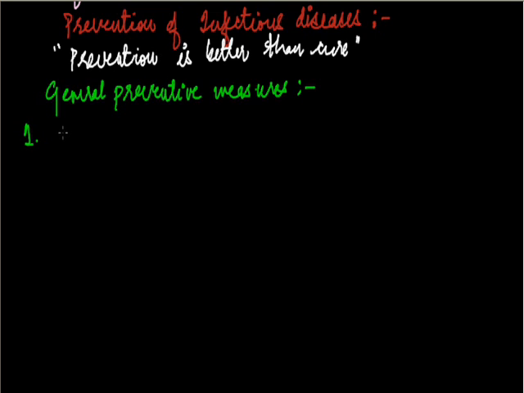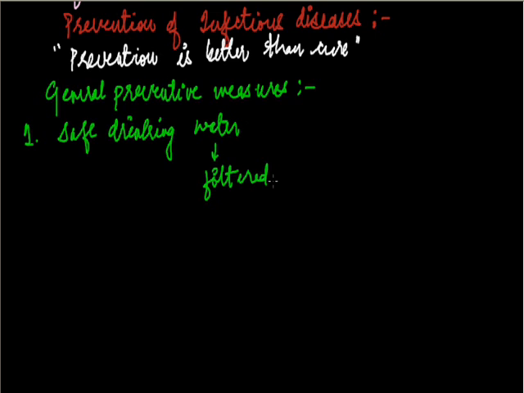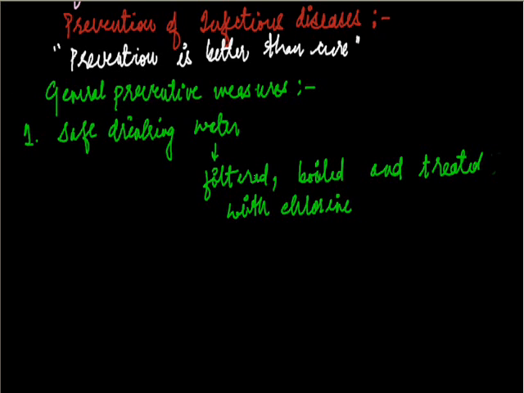First, we should take safe drinking water. The water should be filtered, boiled, and treated with chlorine. Why do we boil, filter, and treat water with chlorine?